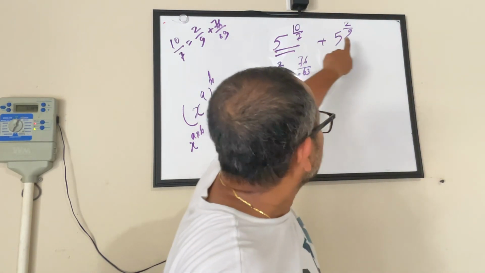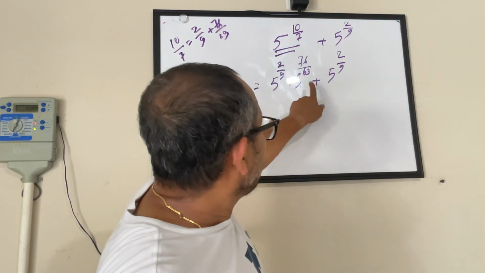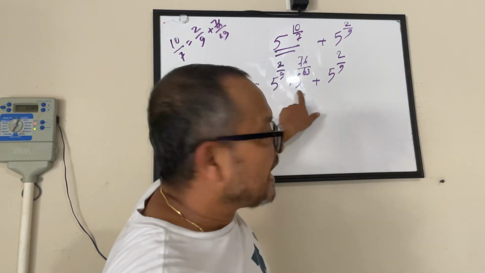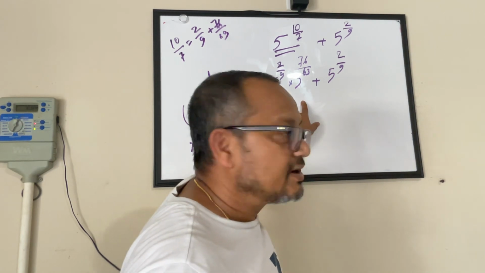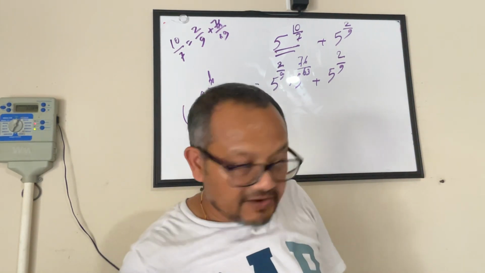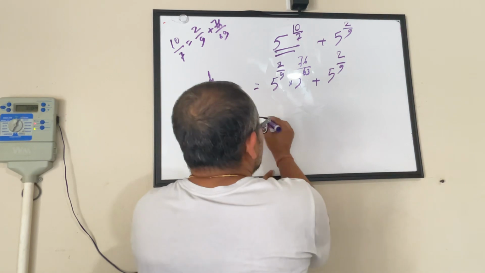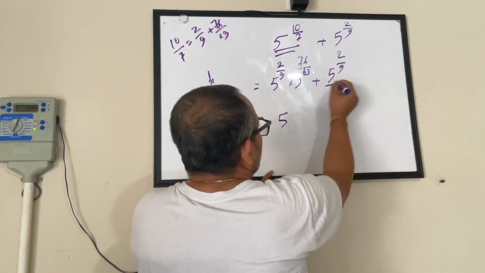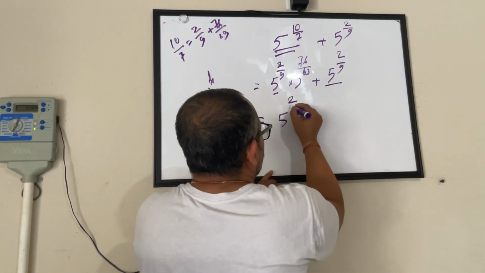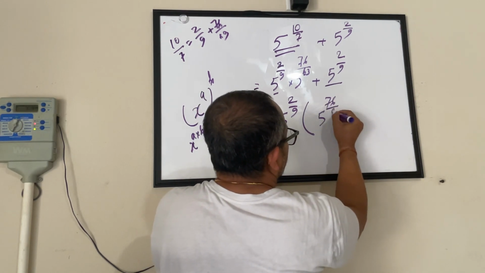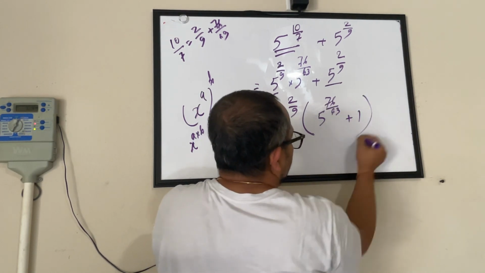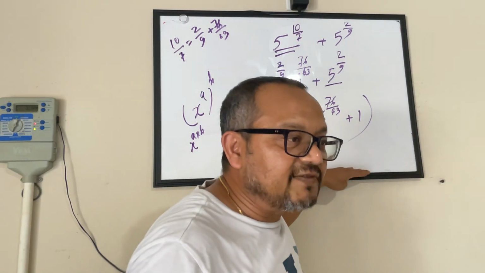So I found the difference between these two, and whatever the difference was, I can split that into two parts. And now this one is common in both of them. This is my most simplified form.